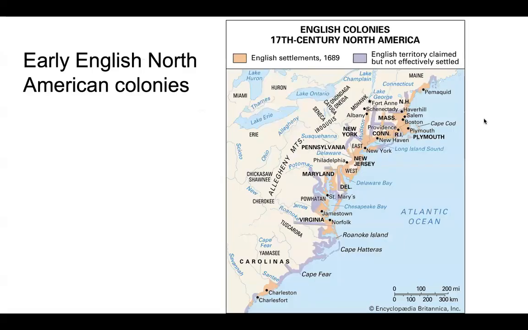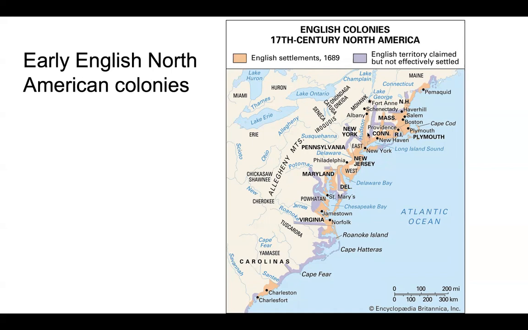Now, let's look at a picture, right? Early English North America colonies. You can see the colonies, right? In the 17th century. So that's about 100 years before Adam Smith's time. You can see they mostly are along the sea coast, and then whatever is more inland tend to be along river coast, right?